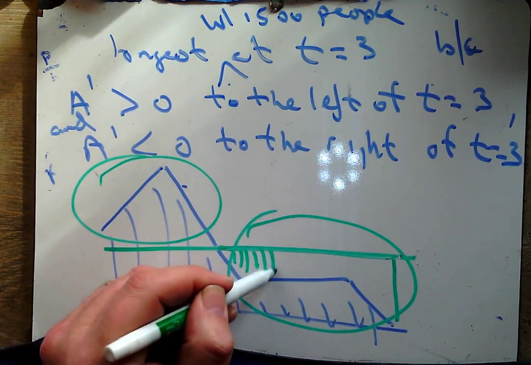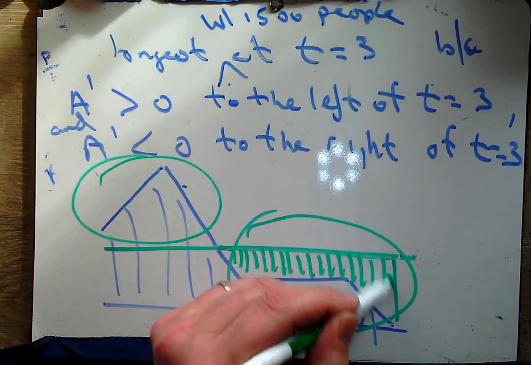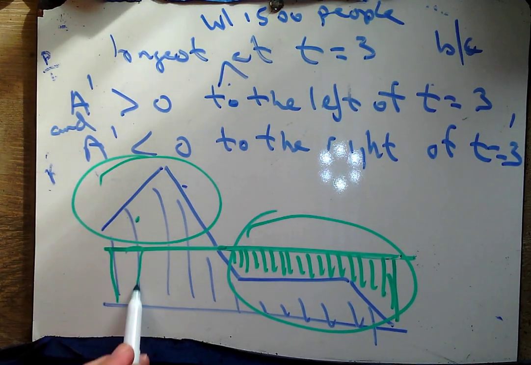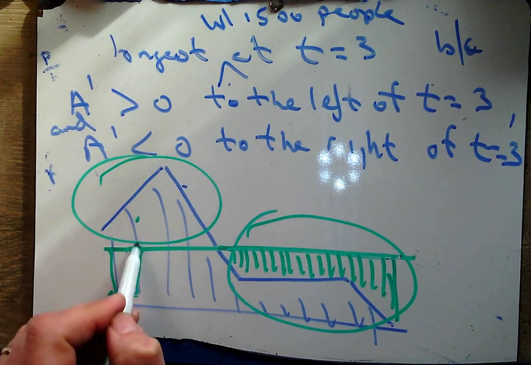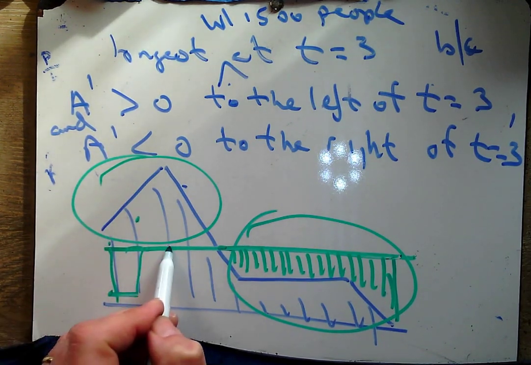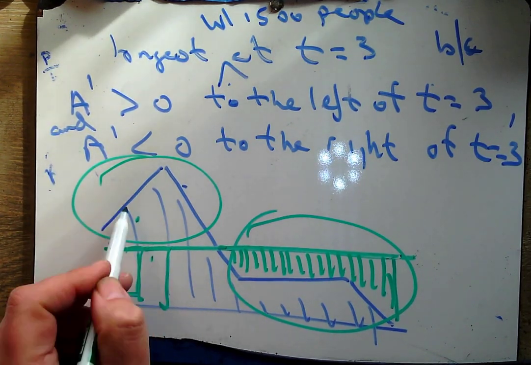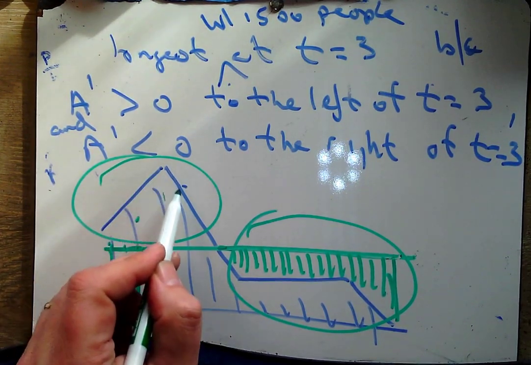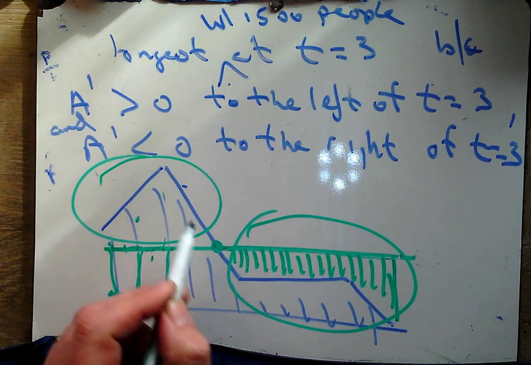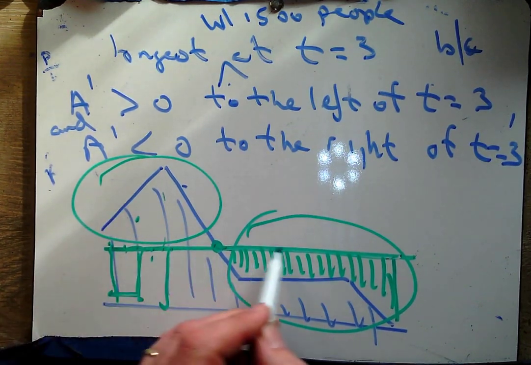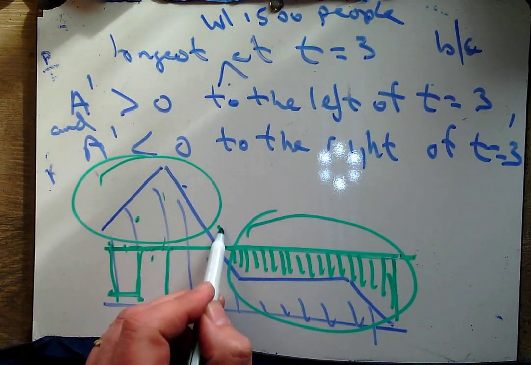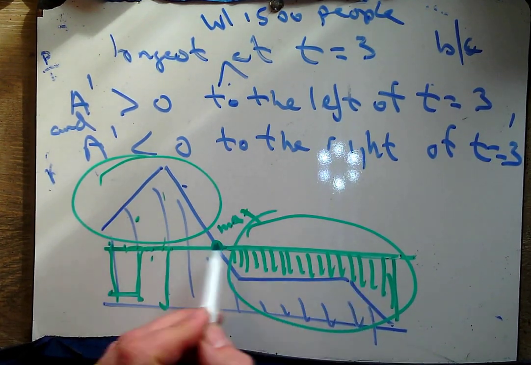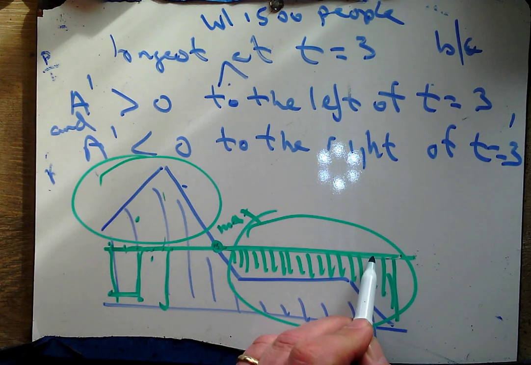Lots of people are being served who were waiting on this line. Like, we served these 800 people, but there were this many more who showed up. And we served 800 more people, but this many more people showed up. And so the line got longer and longer until this point when the rate in equaled the rate out. And at this point we had our maximum line. And after that we've got this excess capacity.